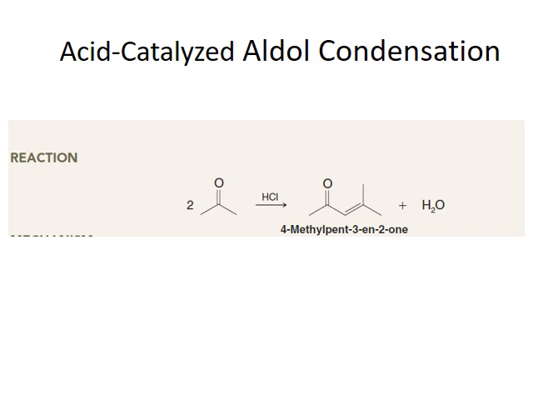For example, two molecules of acetone, treated with HCl, give first the addition product, and then the addition product undergoes elimination of water to give the condensation product, 4-methylpent-3-en-2-one. This class of compound is called enone.